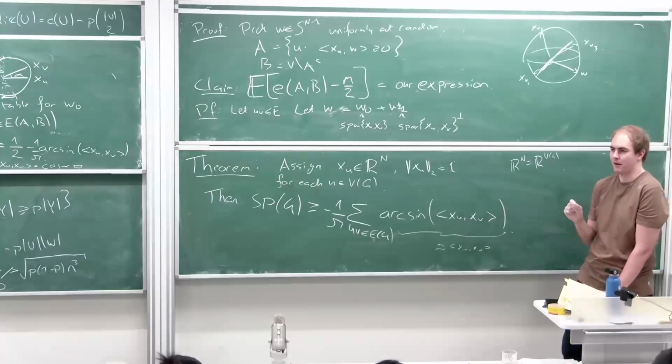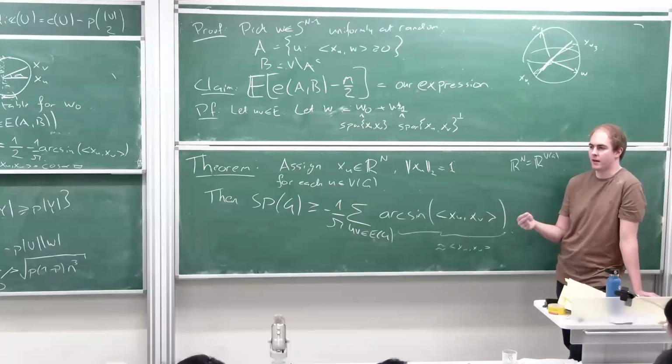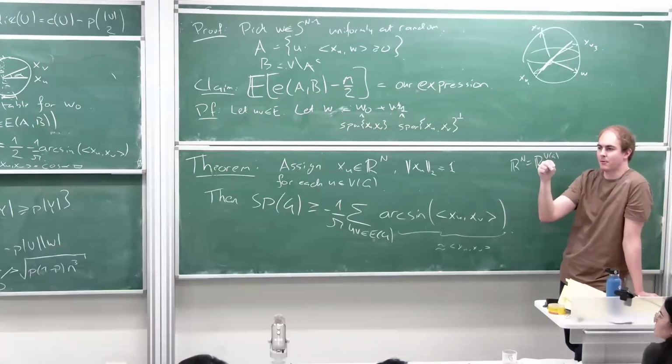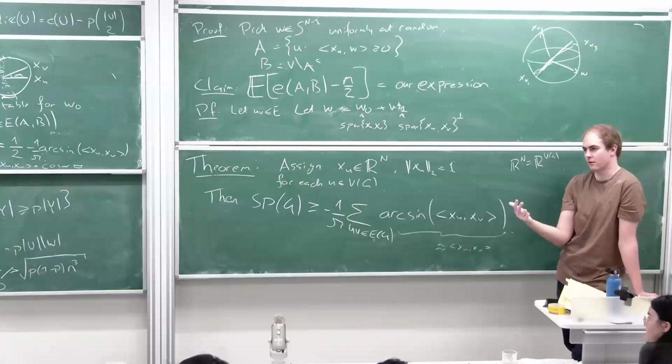And because we care about those inner products which correspond to edges, our inner products will have terms of the form XUW times XVW, where UV is also an edge. So now if XUW depends on whether UW is an edge, all of a sudden XUW times XVW is somehow connected to whether UVW form a triangle.